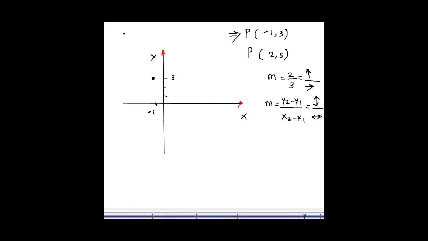I move 2 units up, that gives you 5, and 3 units to the right would be 1, 2, 3. Can somebody tell me what point I land on here? 2, 5. Very good. That would be 2. That's 5.